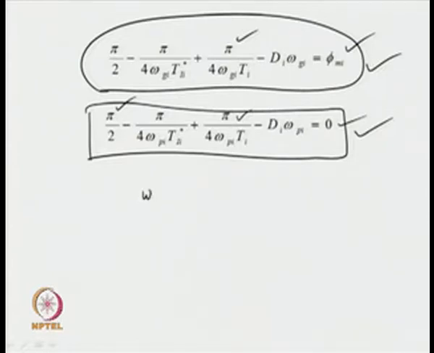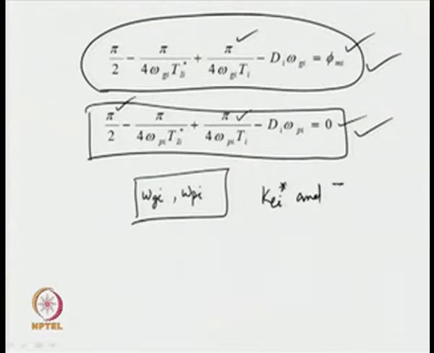For us, the unknowns are omega g_i, omega p_i, and we have got the unknowns K_c_i star and T_i star.